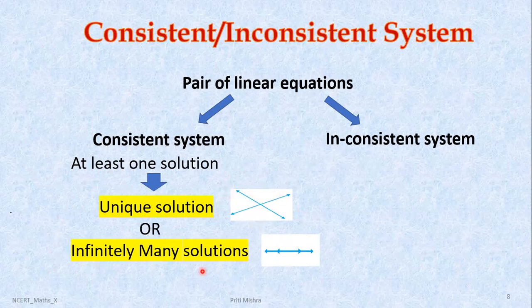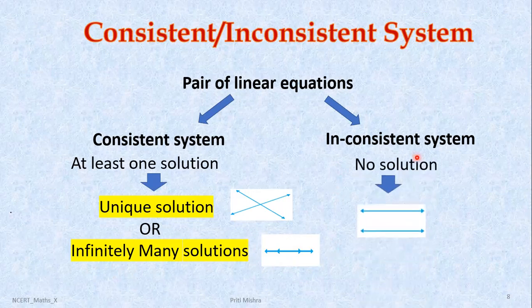And for infinitely many solutions, both the lines will coincide with each other, because here each and every point is a solution for both the lines. That's why for infinitely many solutions, two lines always coincide. And in an inconsistent system, we can have lines like parallel lines, meaning parallel lines can't intersect each other anyhow.